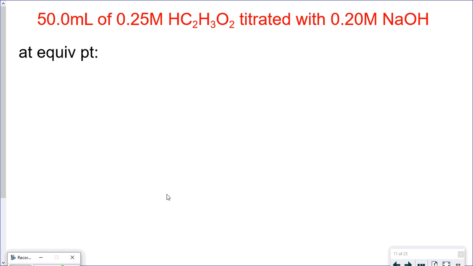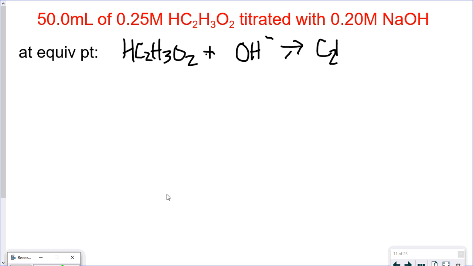where we're just doing the basic neutralization reaction. So remember we said with our acid and our base, I'm going to write our reaction. We have our acid combining with hydroxide, to produce our conjugate base and water.